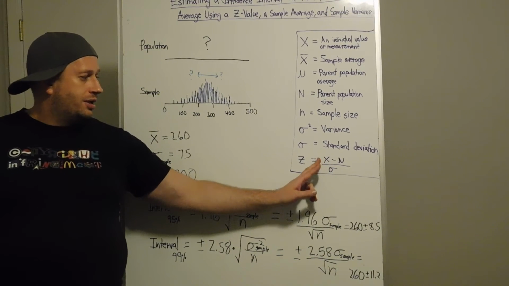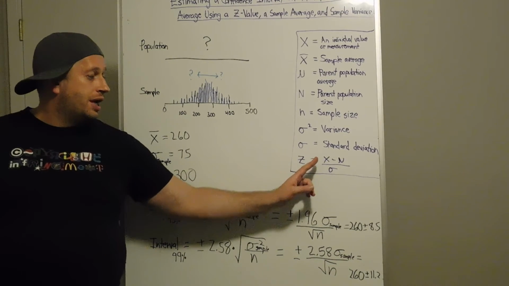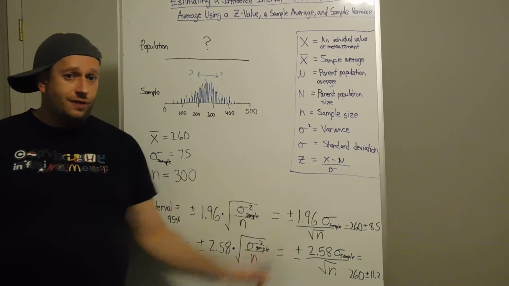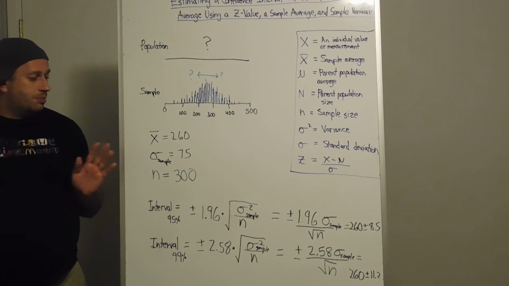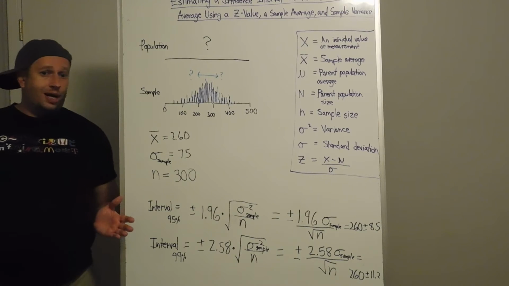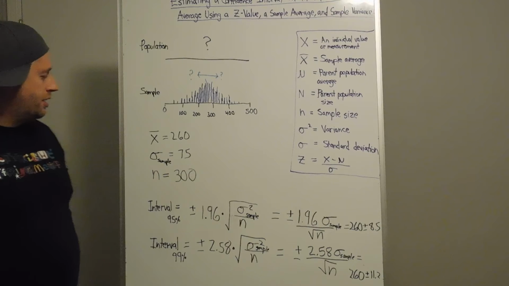We take a given individual value, subtract it from the average, and divide by the standard deviation. We can only use what's in the sample though. So we're going to be a little bit presumptive here, but we're going to get a closer estimate than we could have ever had, at least without using a different method.